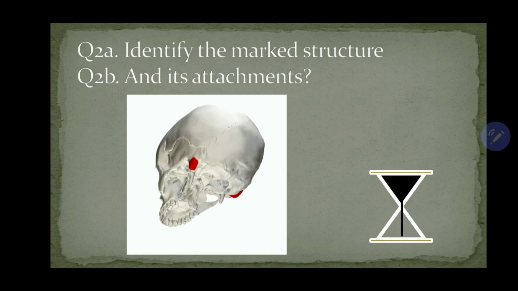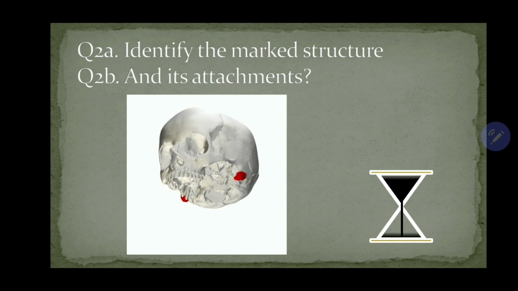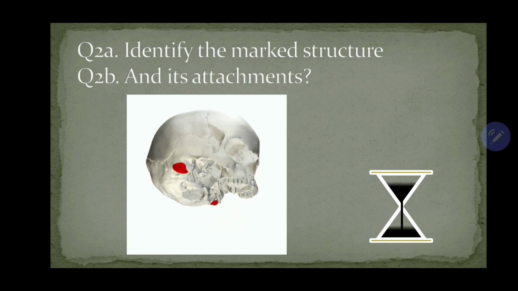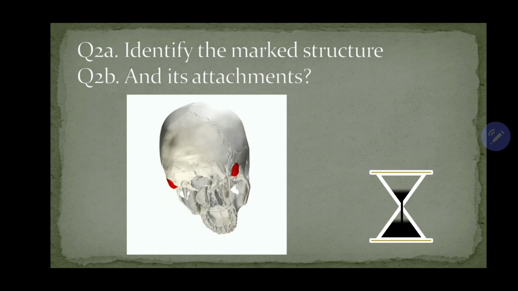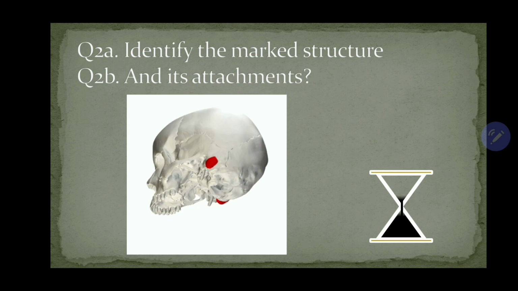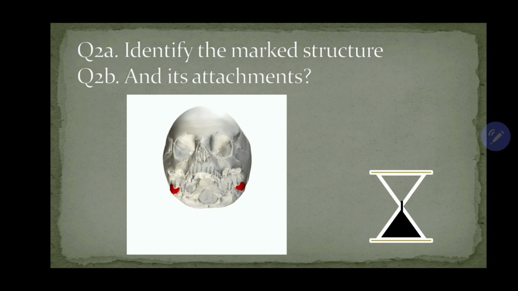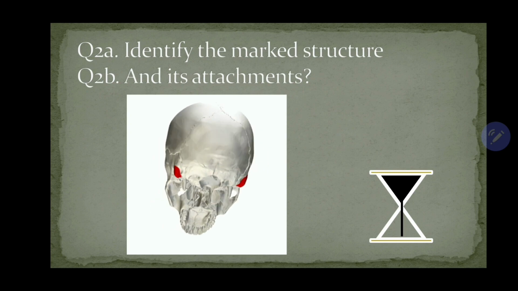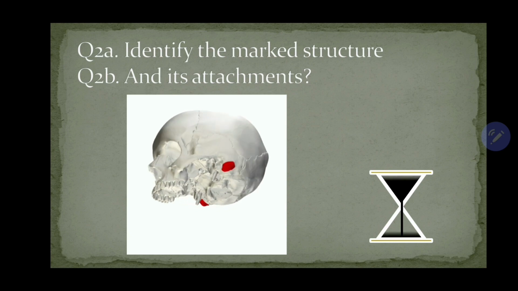Now, identify the marked structure and its attachments. This is the mastoid process of the temporal bone, and it appears by the end of the second year of life.